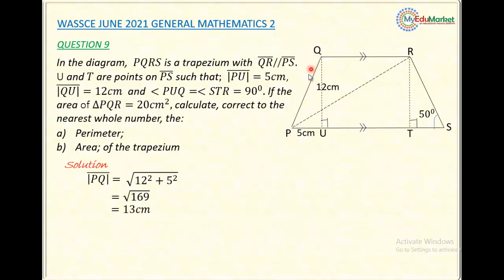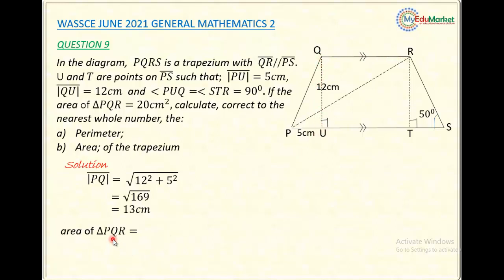So this side is now known. Next, the question says the area of triangle PQR is 20 centimeters square. That will enable me to get the base of the triangle. QR is the base and I will use 12 as its height.